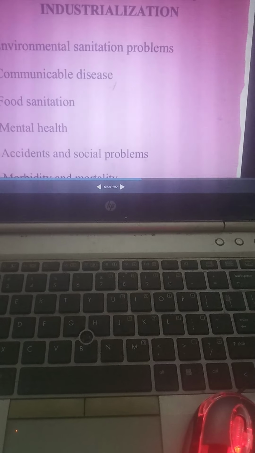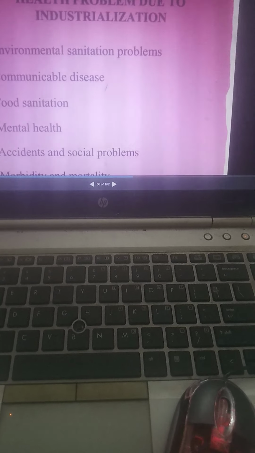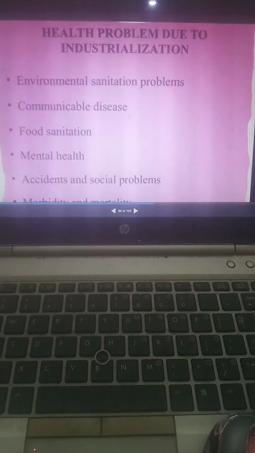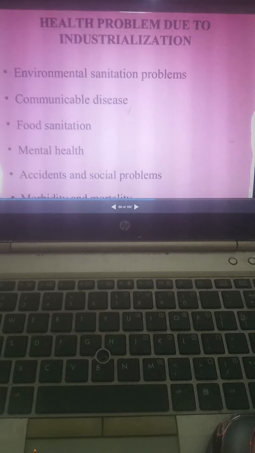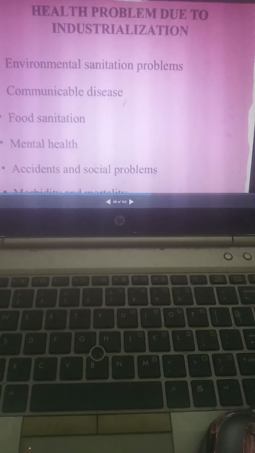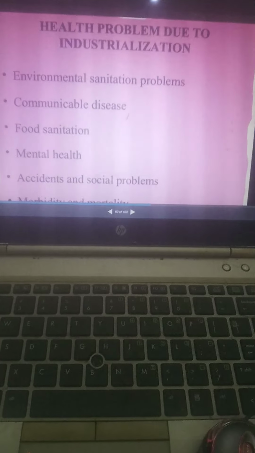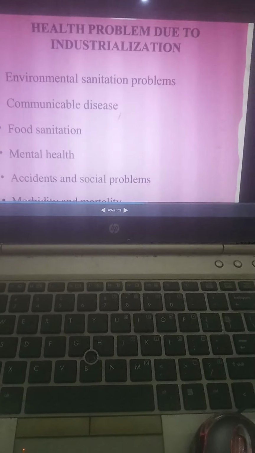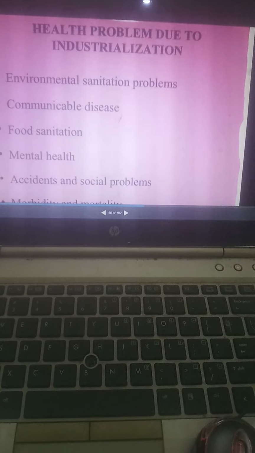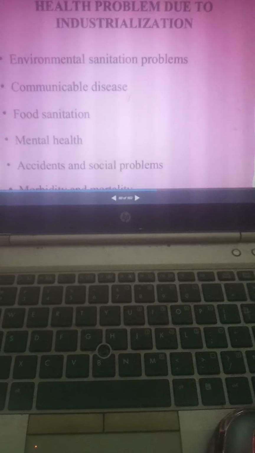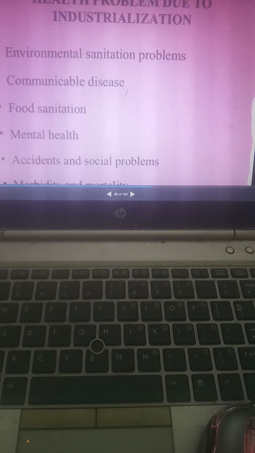Now, health problems due to industrialization. This is again very important. There are various health problems that can occur due to industrialization. For example, environmental sanitation problems are there. Industrialization has led to the creation of slums for the workers around industries which have poor sanitation. Communicable diseases are very rampant in slums because of overcrowding, bad sanitation, and bad sewerage conditions.